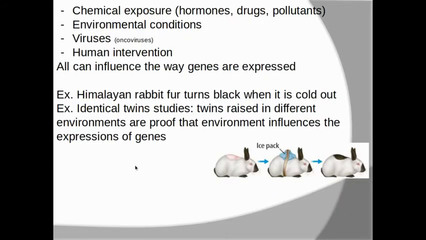There are several different reasons why genes can be turned on or off. You can have chemical exposure, either in the case of hormones, drugs, pollutants in the environment around us.